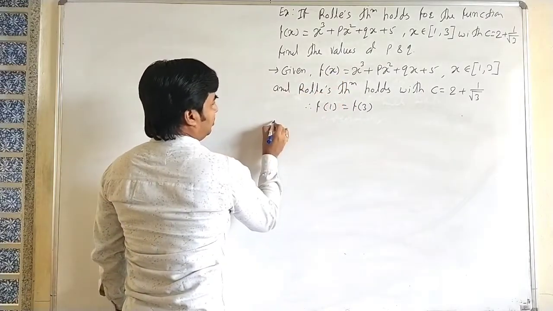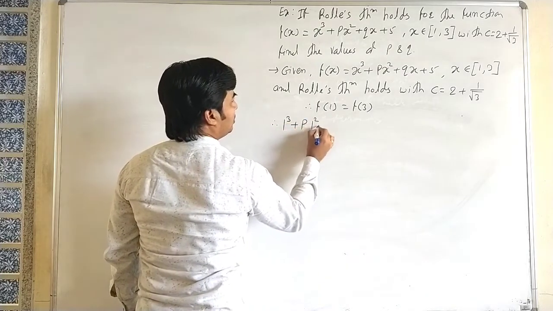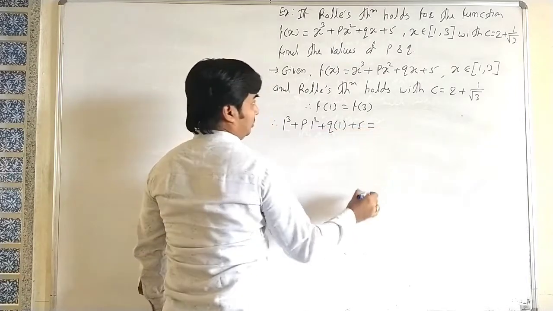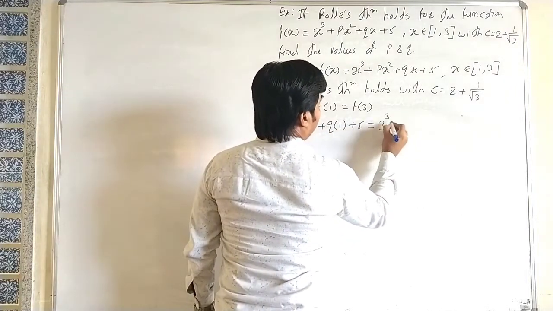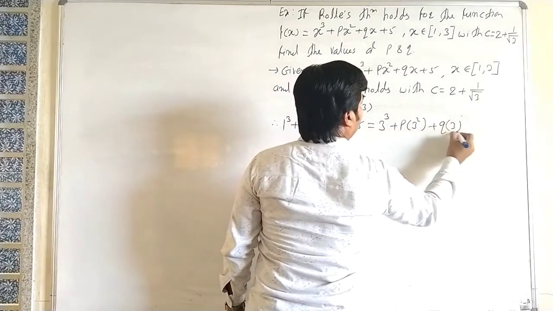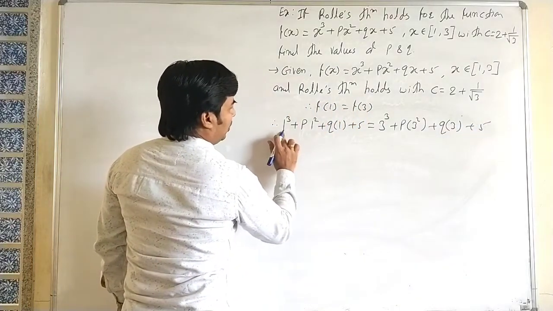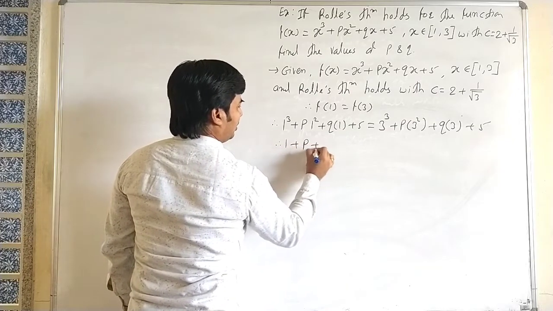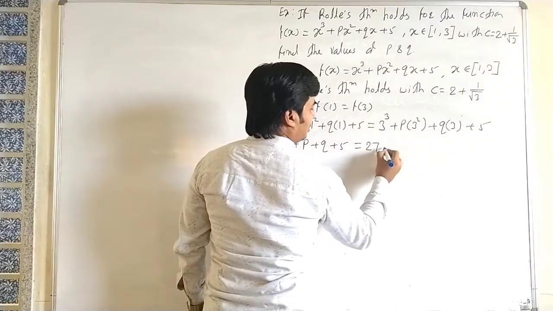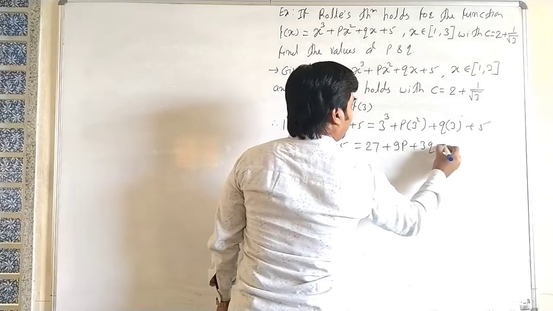Therefore we can write 1 cube plus p into 1 square plus q into 1 plus 5 is equal to 3 cube plus p into 3 square plus q into 3 and plus 5. Then calculate. It is 1 plus p plus q and plus 5 is equal to 27 plus 9p plus 3q and plus 5.